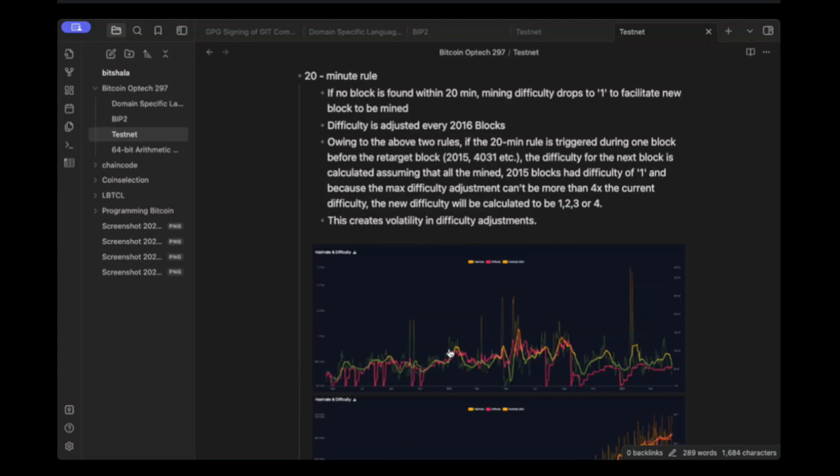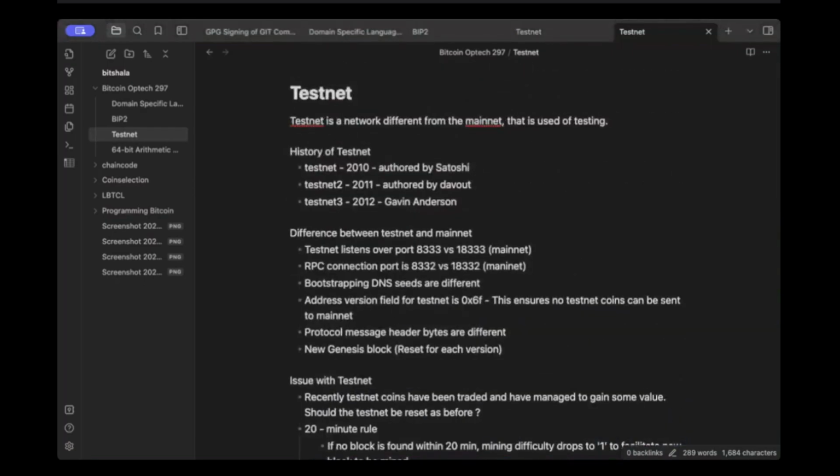No, historically there were different chains, which have been reset periodically. But whatever is right now is called testnet 3, and its genesis block dates to 2012, and since then it has been running.